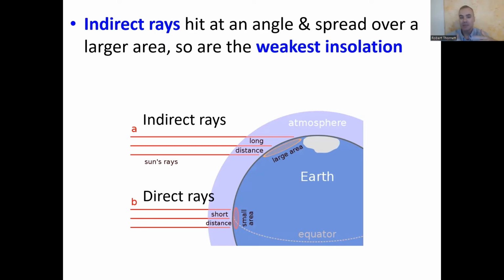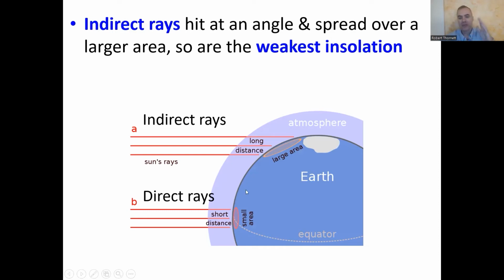By contrast, everything else gets some set of indirect rays, and they become more and more indirect the further you go away from the subsolar point. So down here in this area, the direct rays, here's the subsolar point right under the sun in the middle. But as you go away from that subsolar point, the rays only become more and more indirect.